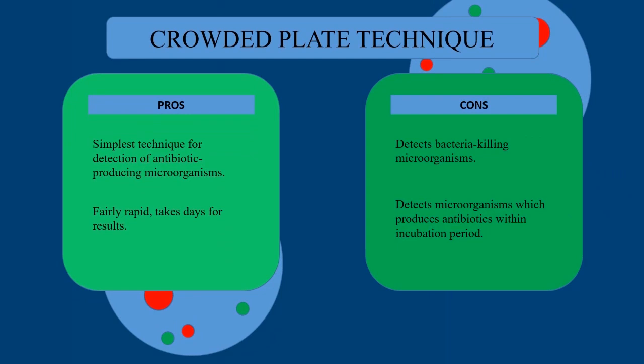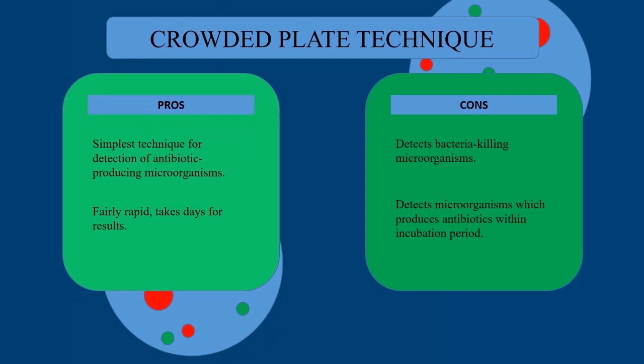But the disadvantages of using crowded plate technique is that it only detects microorganisms which produce compounds to kill bacteria found in their immediate environment. These compounds can potentially be toxic to humans, and they may be lethal only to certain types of bacteria, such as soil bacteria, as opposed to the bacteria that can actually cause disease in humans.